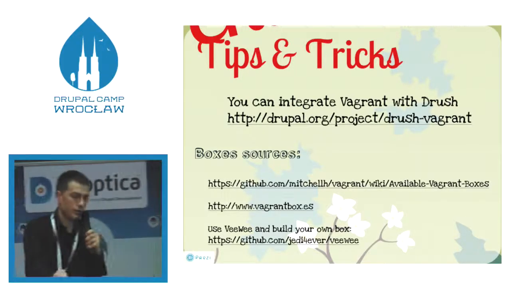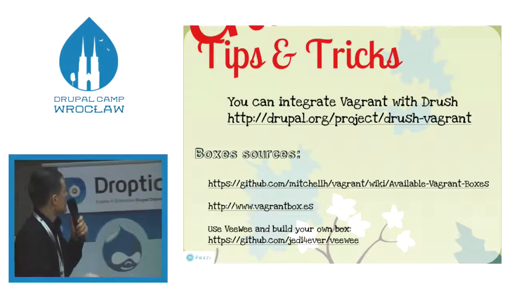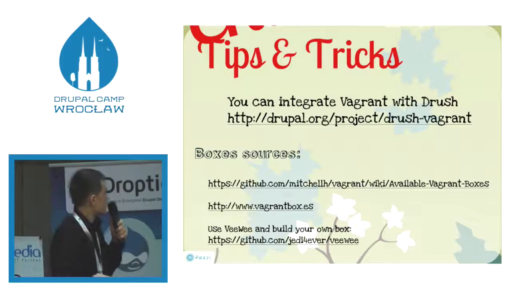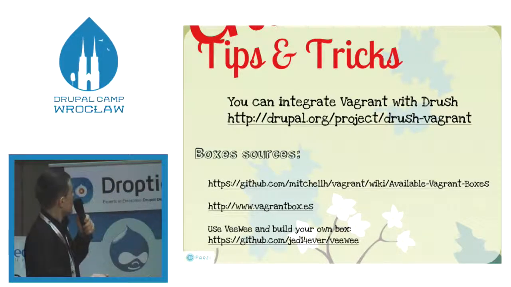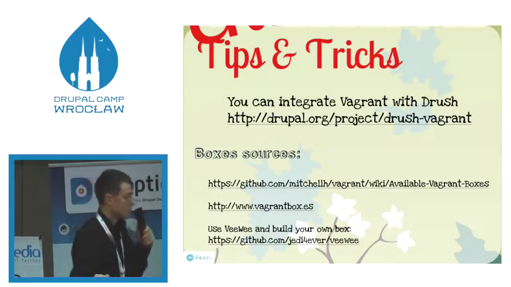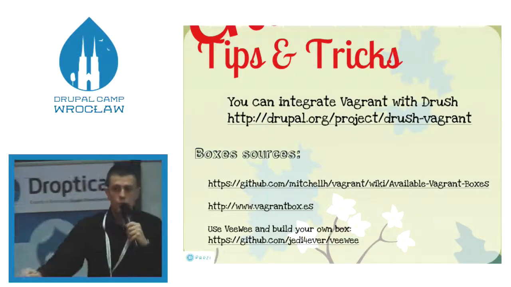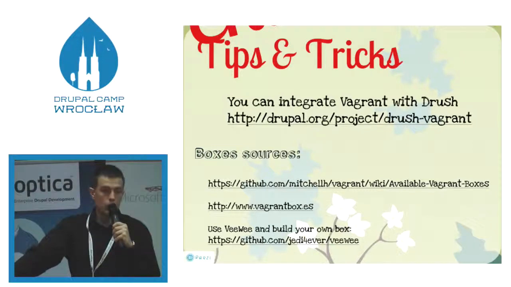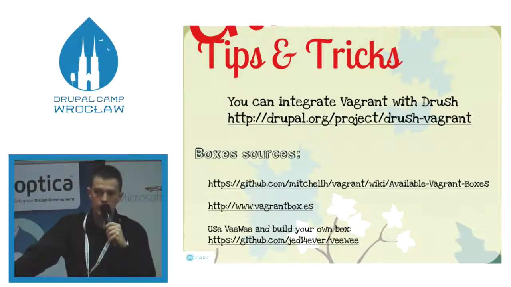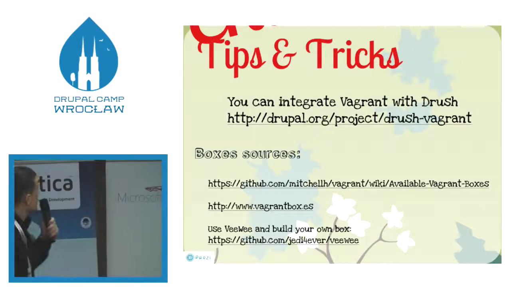And another good thing to know is box sources. The first source, which is the official source from the creator of Vagrant, is under the first link. And there are only a few boxes with the two latest stable long-term support releases of Ubuntu, 32 and 64 bits.